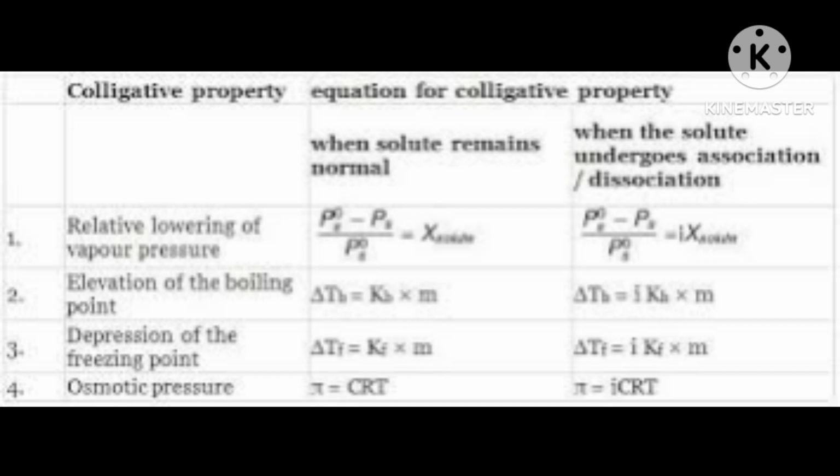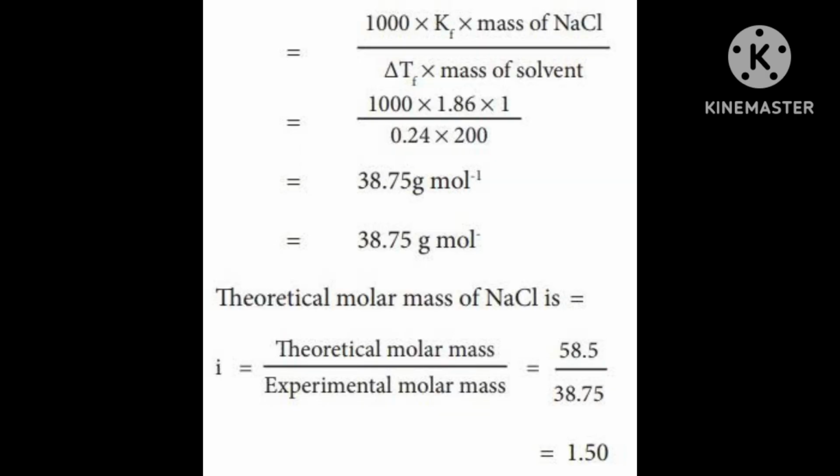And osmotic pressure pi equals n2 RT divided by V, with gas constant, temperature and volume. In that you multiply by i, so pi equals i n2 RT divided by V. Everywhere you have multiplied by i, so now all four expressions are modified.